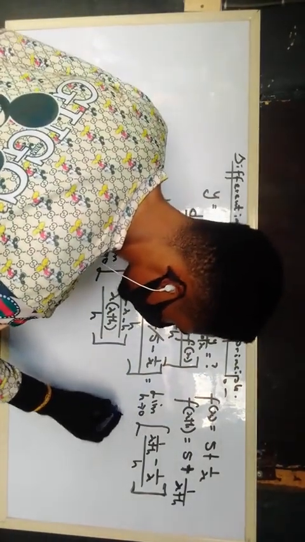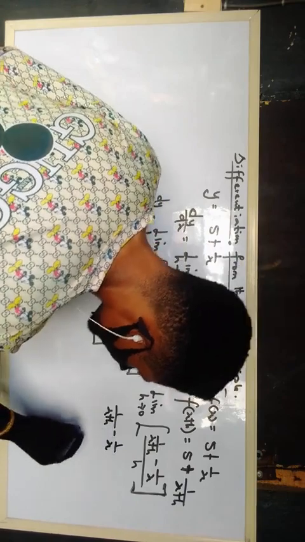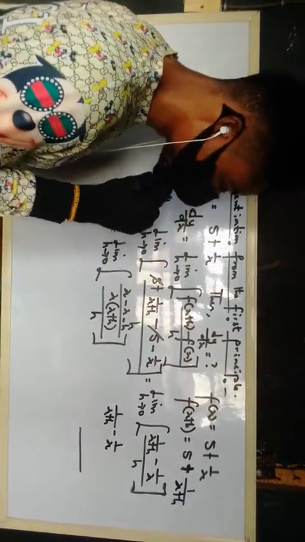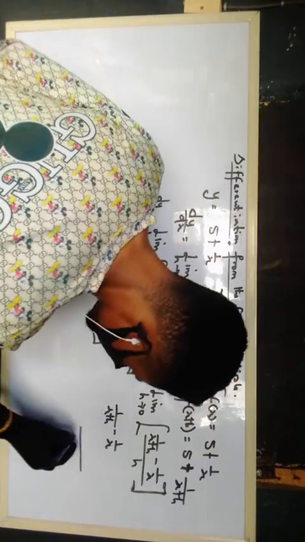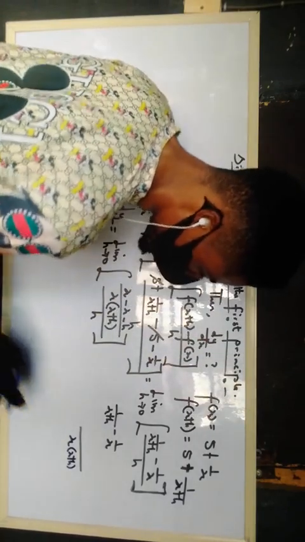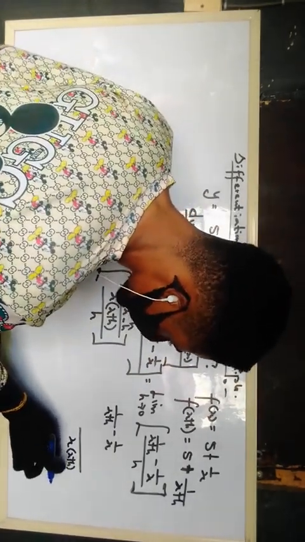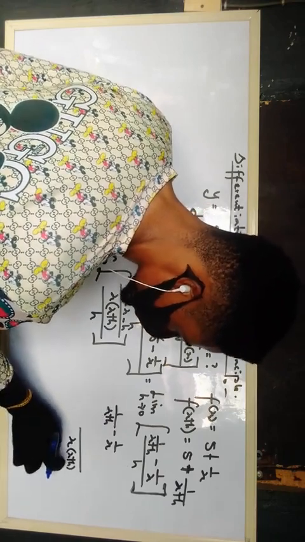We have this 1 over x plus h minus 1 all over x. Now we all know that the LCM of x plus h and x is going to be x times this x plus h. Now x open bracket x plus h divided by x plus h, x plus h cancel x plus h remaining x.